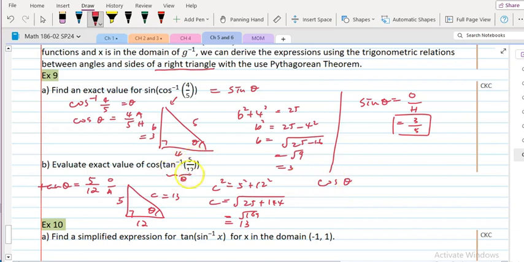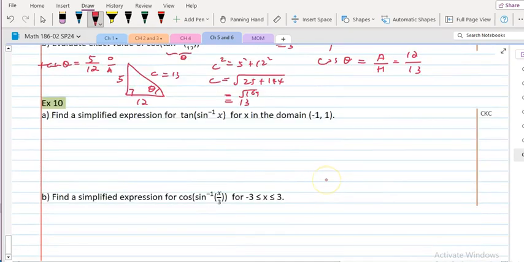Tangent inverse of 5 over 12 is theta, so tangent theta equals 5 over 12, but I want cosine theta. Cosine theta would be CAH, A over H. My A is 12, the H is 13, so this is the answer, the exact value of cosine of tangent inverse 5 over 12.